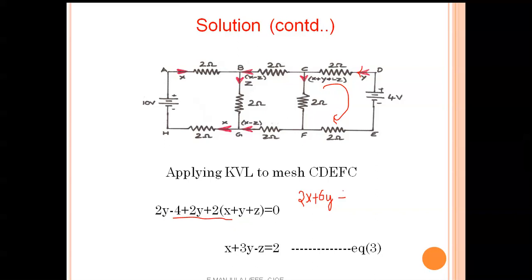So this is also plus sign, which is equal to 4, I'm taking to the right hand side. Now I will take 2 common here, and 2 and 2 in this, and all 2's will get cancelled. So that is how you will get x plus 3y.